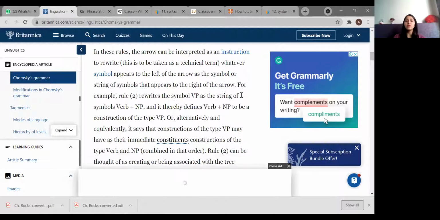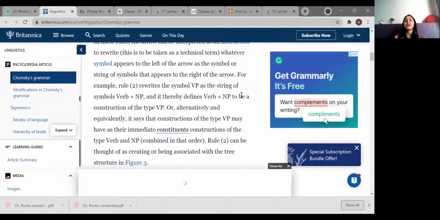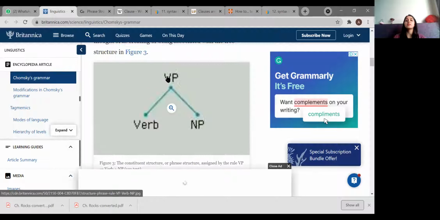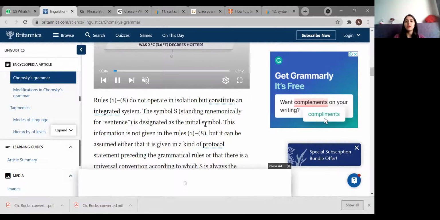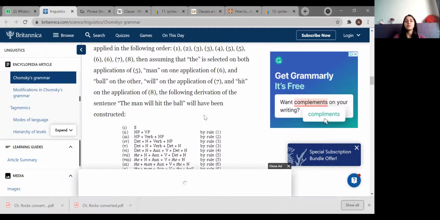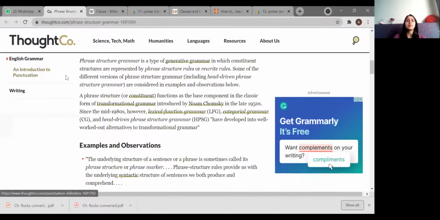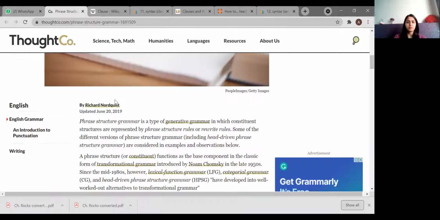For example, rewrite the symbol VP as the string of symbols verb plus noun phrase, for it to be constructed properly, right? So it's just a rule. So you can see here, it is the verb phrase which divides into the verb and the noun phrase. All right. So this is how we're going to form the sentence. Let's see in detail now.